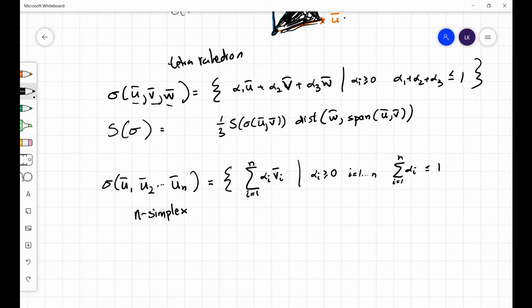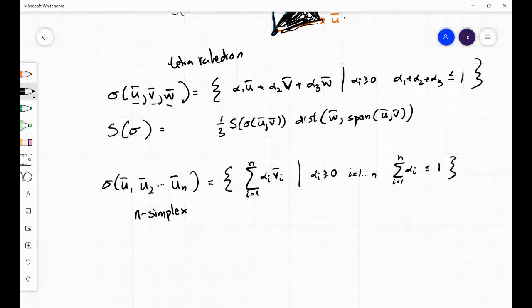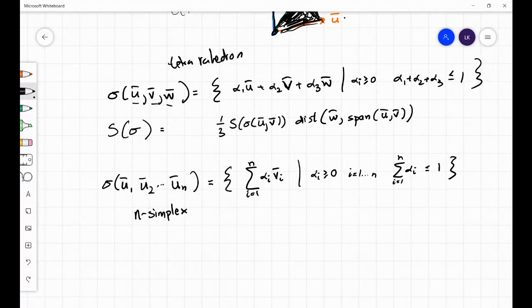So this gives you a generalization. If you'd like, an n simplex is like an n triangle, right? Even though that might be abusive notation since triangle implies 3, but you get the idea.